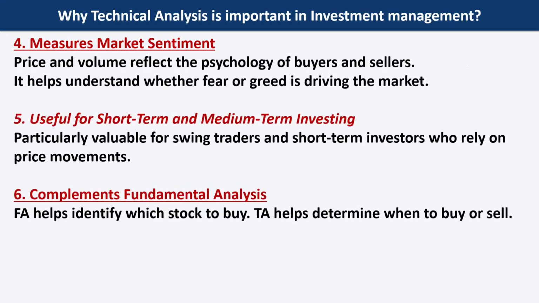Next, it measures the market sentiment, meaning how the buyers and sellers are reacting, what the psychology is. This will help us to know whether the investor is having fear or is greedy. This will be known through technical analysis.